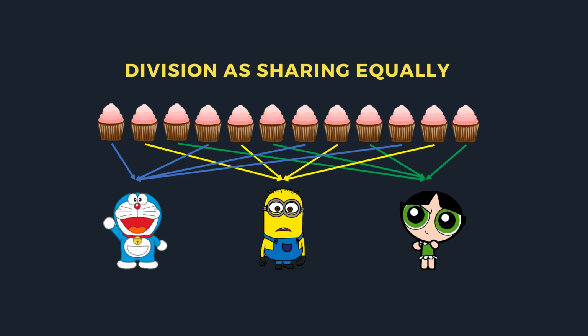We can see that Doraemon received 4 cupcakes, Minion received 4 cupcakes, and Buttercup received 4 cupcakes. All 3 of them received the same amount, which is 4. So the number sentence for this concept of division is 12 divided by 3 is equal to 4.